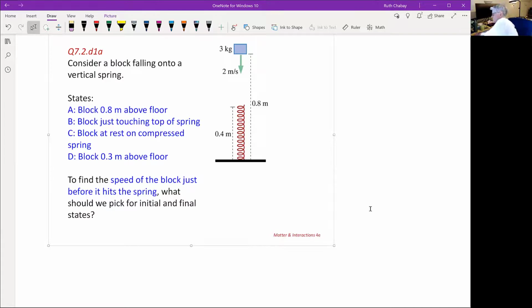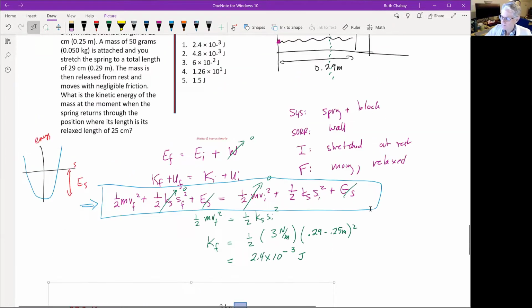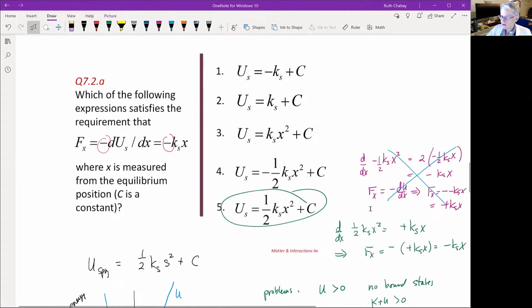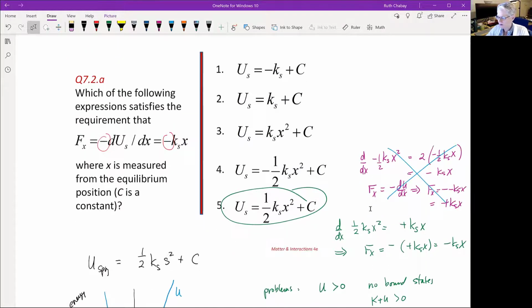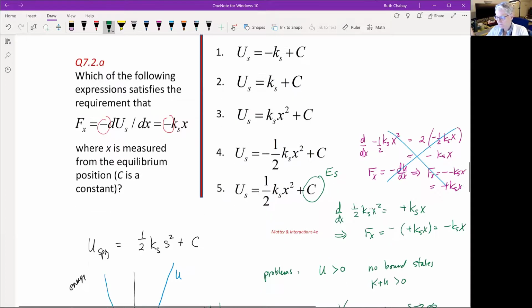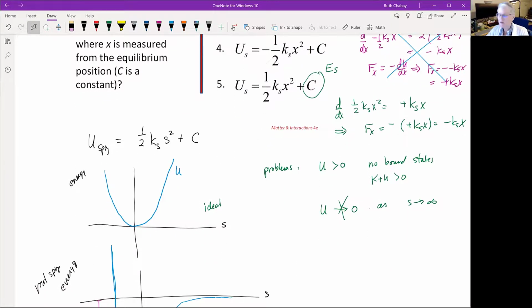Okay, so what is this ES constant? What this ES constant really is here is this integration constant C. We know it has to be a negative number.